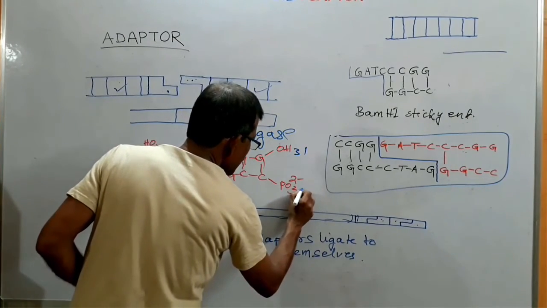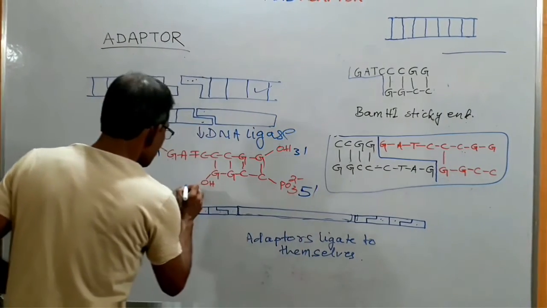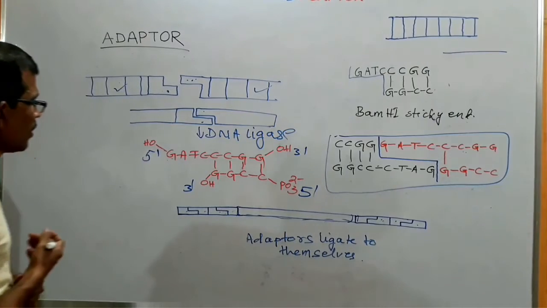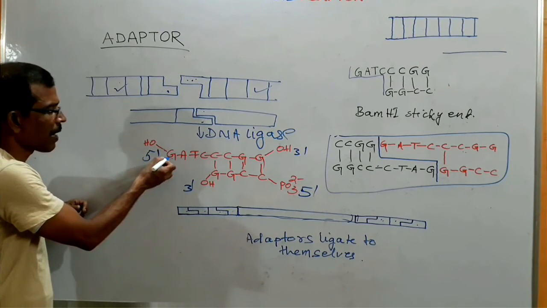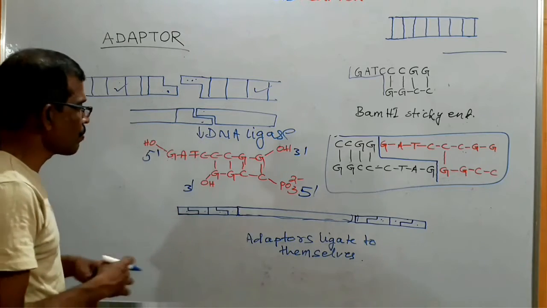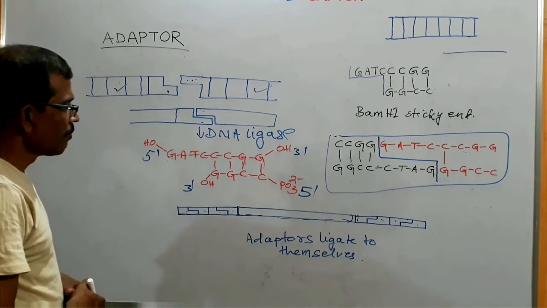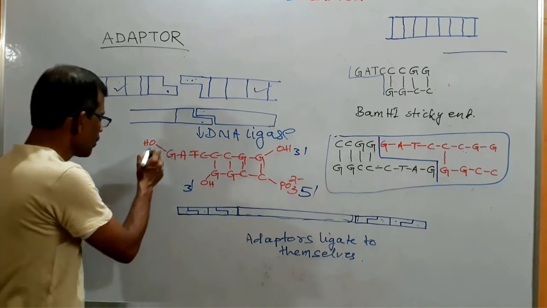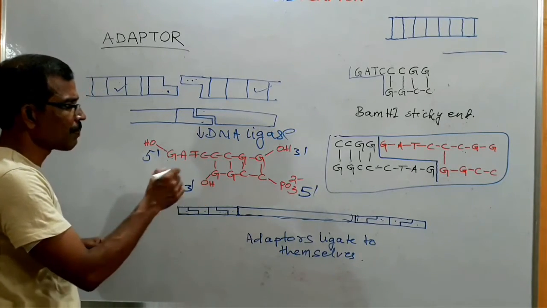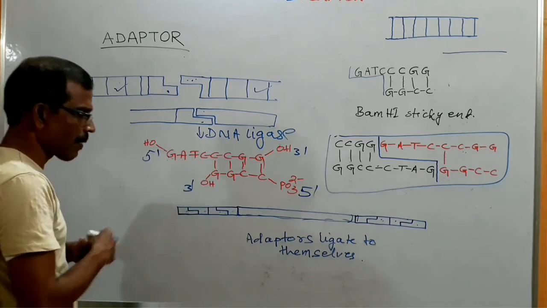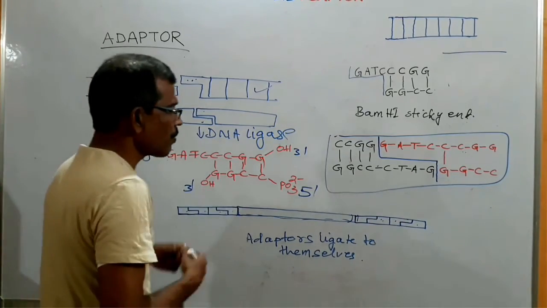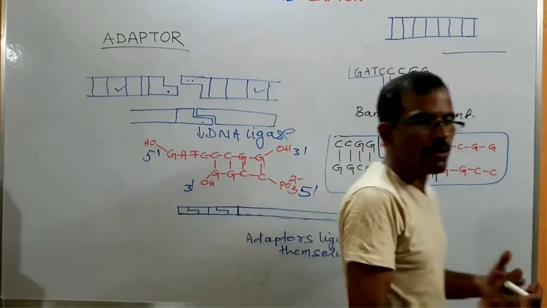Similarly, this is the 5' end and this is the 3' end. So when phosphate group is present at the 5' end, phosphodiester bond formation can occur. But when we remove the phosphate group that is present at the 5' end by using the enzyme alkaline phosphatase, formation of phosphodiester bond is not possible.